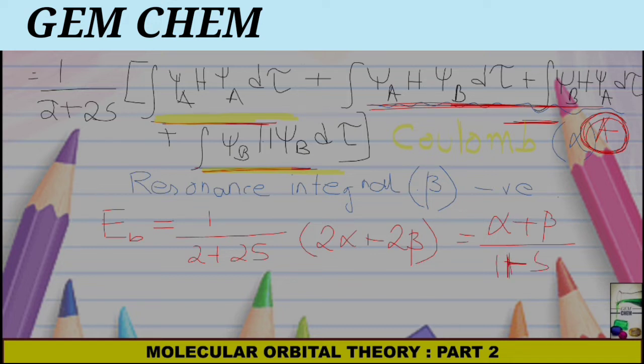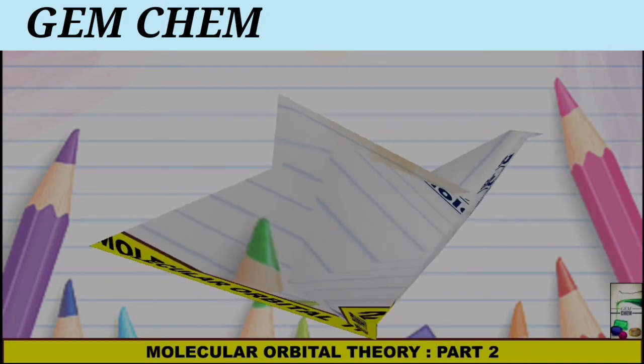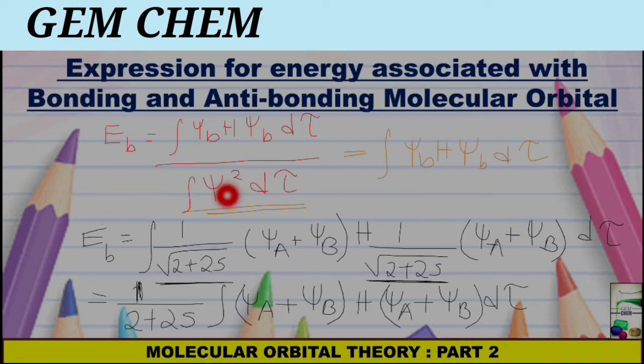Now if you do the same treatment with the antibonding molecular orbital, in this case you will have, instead of xi b, xi a, and instead of xi a plus xi b, you will have xi a minus xi b.